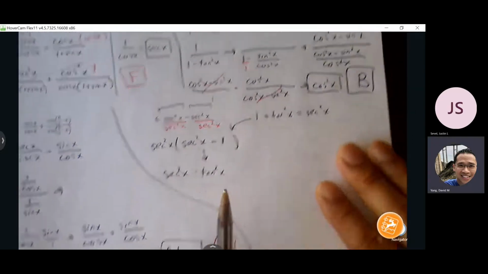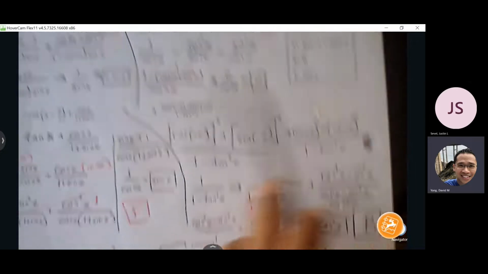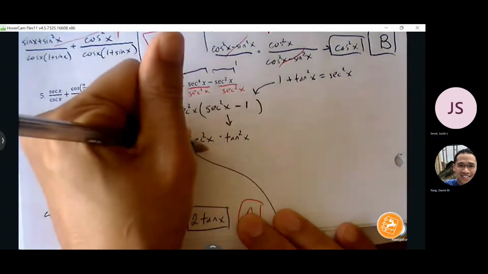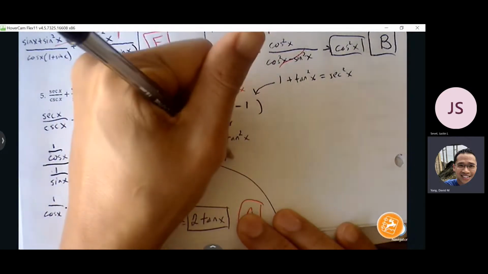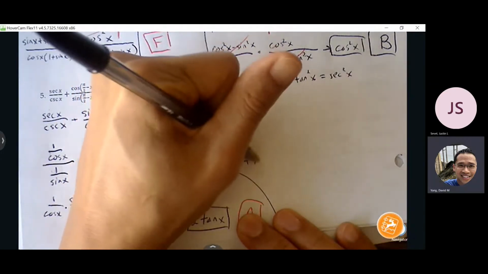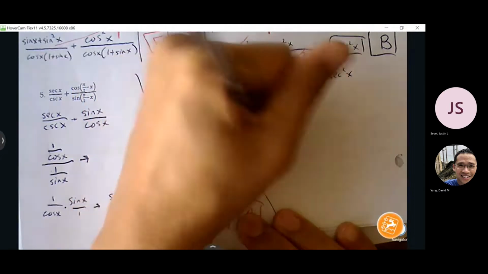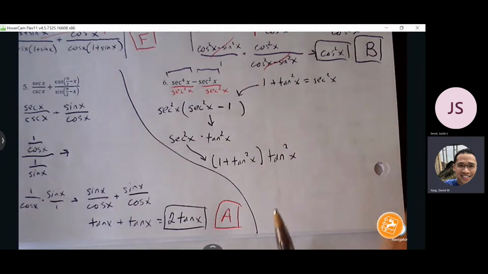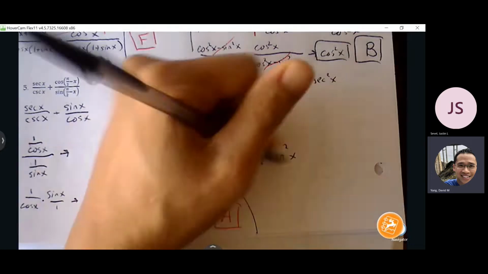Well, looks like my answer choice here is in terms of tangent here. So maybe I can work towards tangent from here. So I can convert that secant squared to be 1 plus tangent squared x. And if I distribute that through, it looks like I can make that option D match with me here. So distribute the tangent squared through.